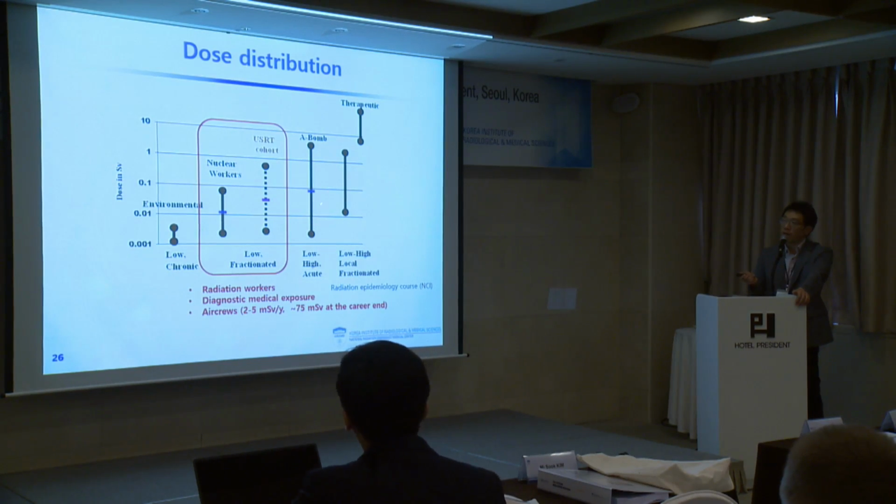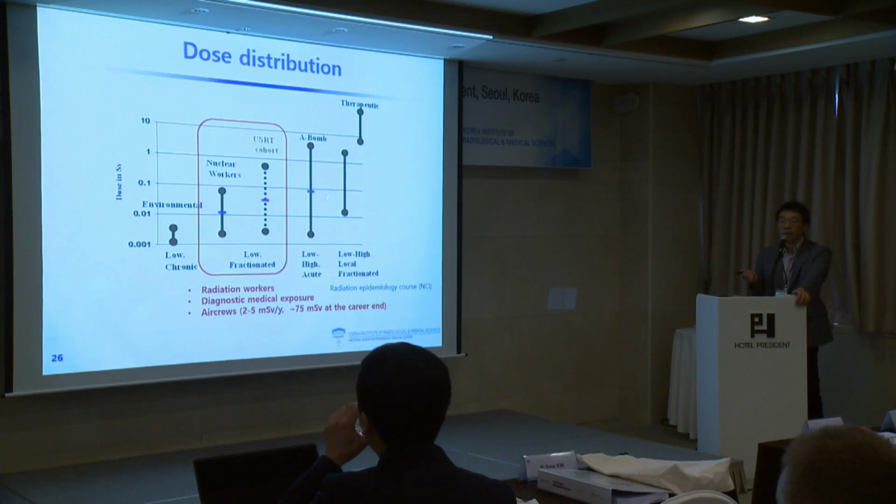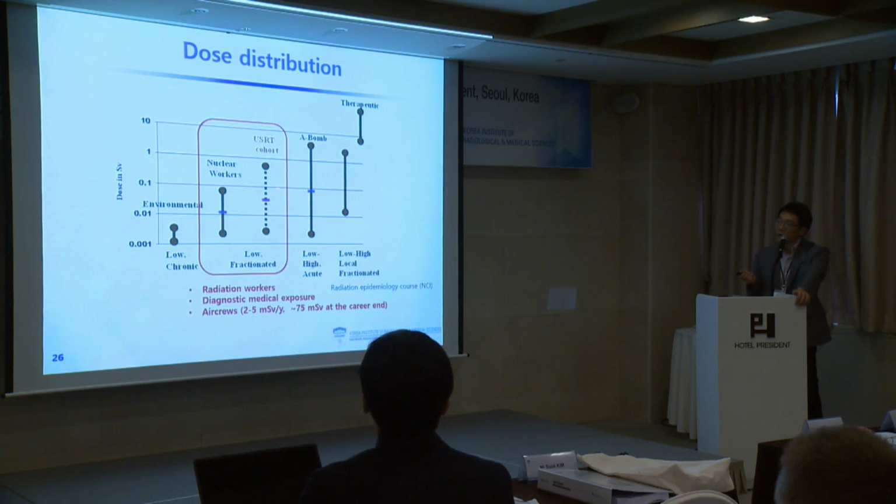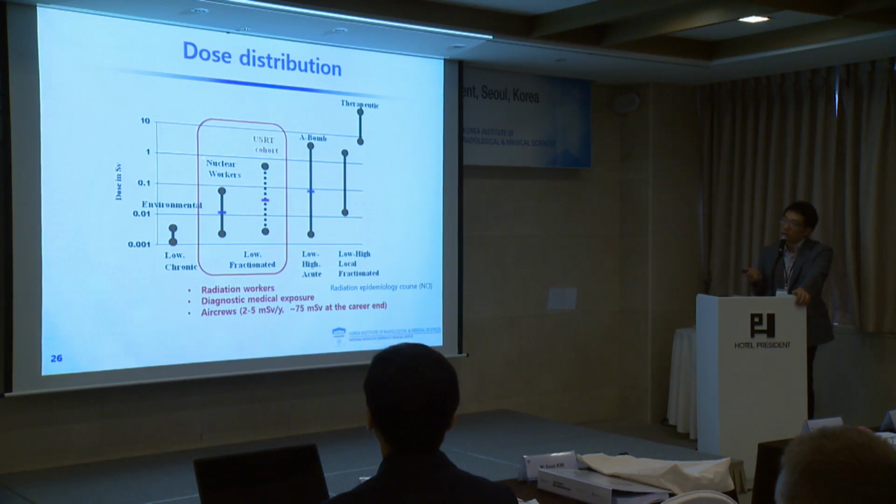A-bomb survivors have a very wide range, and the mean dose is around 0.1 gray. But the nuclear workers' mean dose is far below 0.1 gray. So we are going to look at the low-dose radiation effect using those kinds of studies.